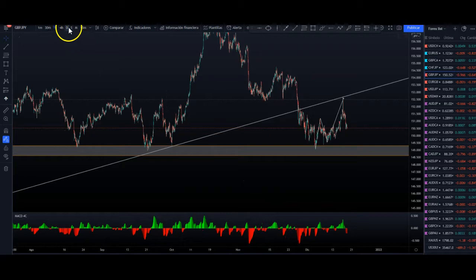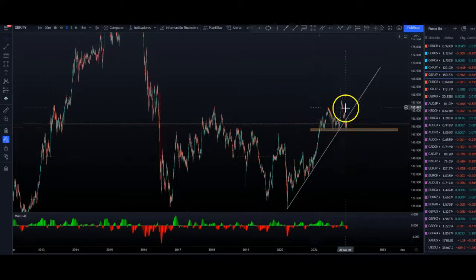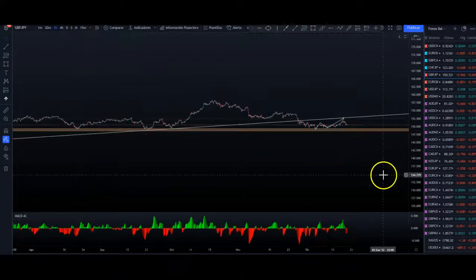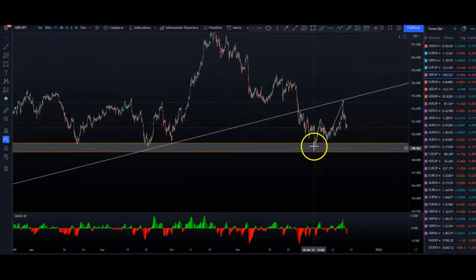I had that trend line for months already in my chart. Support line. We've been looking at the market since it started rebounding from that support line. And we were looking at the possibilities for the market to go and visit that trend line and also this resistance support zone, which is very important.